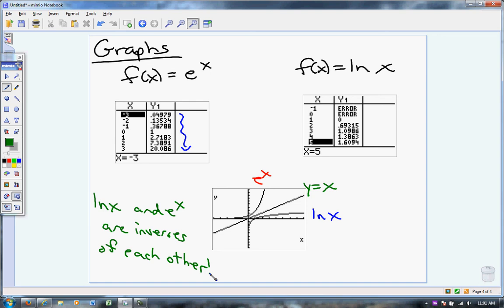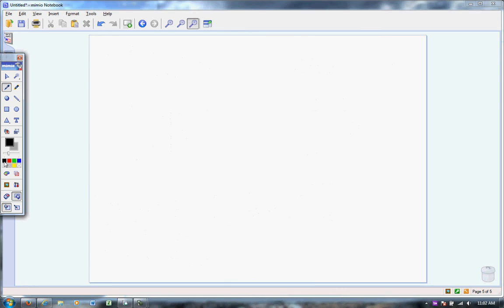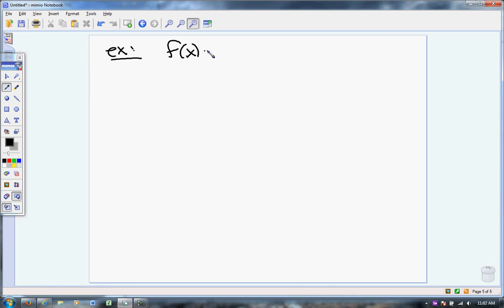All right. Now, one of the other things you're going to be asked to do tonight is to work with transformations of log functions. So, just real quickly, if I was going to look at the function log base 10 of x, and then I was going to look at a new function, log base 10 of x minus 2, we've learned about transformations.